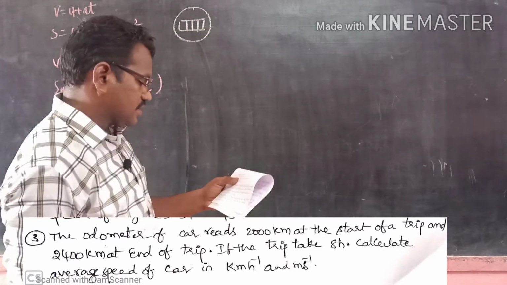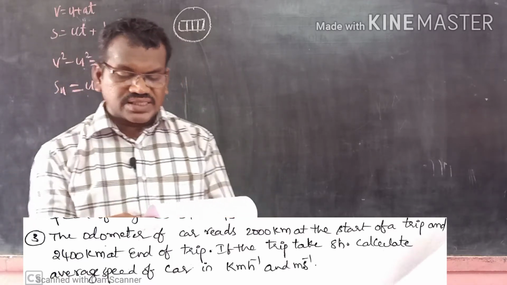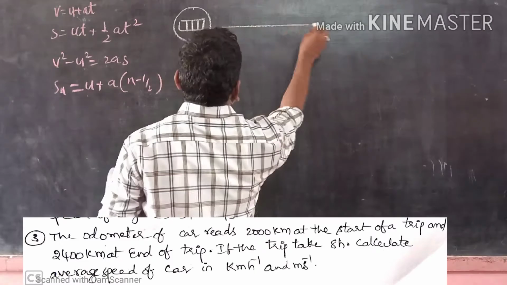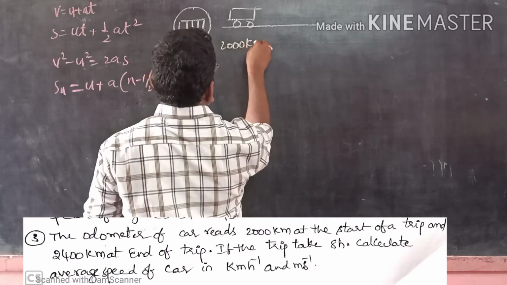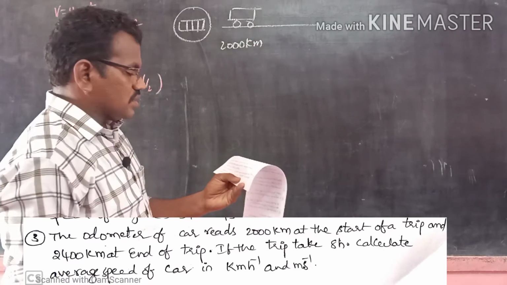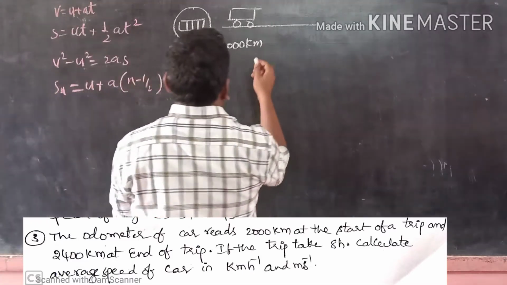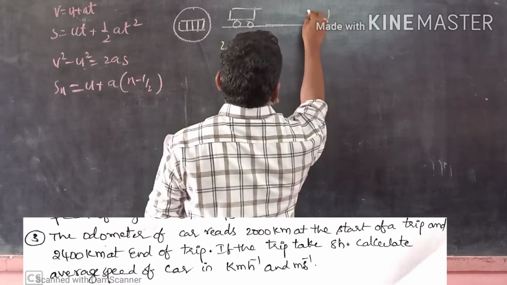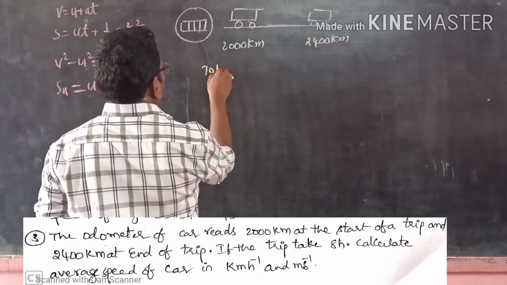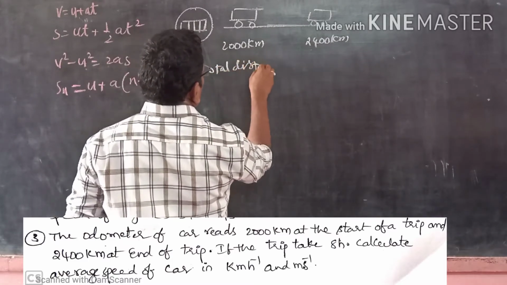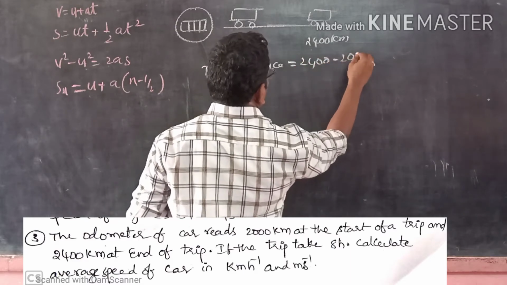This is the odometer. The odometer of a car reads 2000 kilometers at the start. Means before starting of the car, the odometer reading is 2000 kilometers. Then, starting a trip, and at the end of the trip it is showing 2400. This means total distance is equal to 2400 minus 2000.